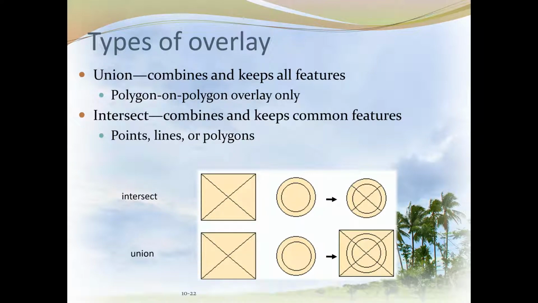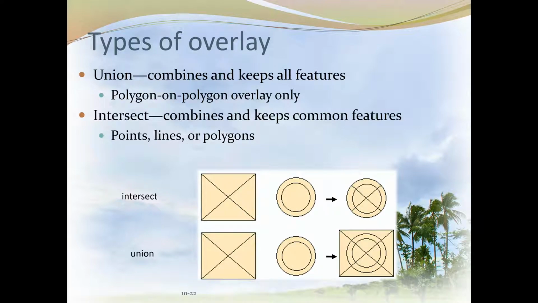We're going to talk about the two types of overlay that are very important: union and intersect. Map overlay with attributes occurs in two forms. Union combines two polygon layers, keeps all areas, and merges the attributes of both layers.